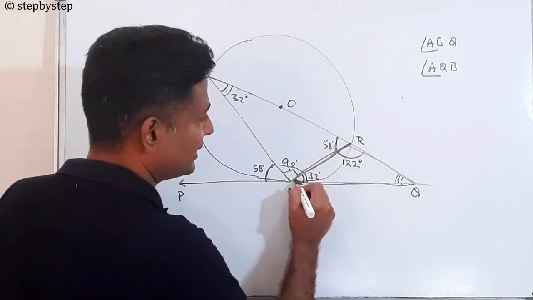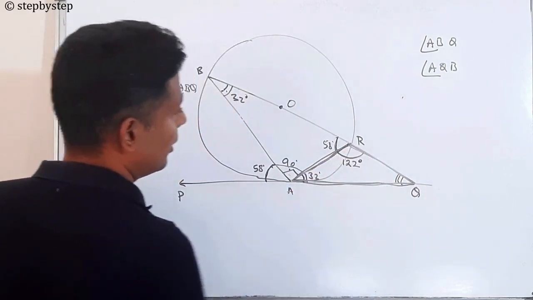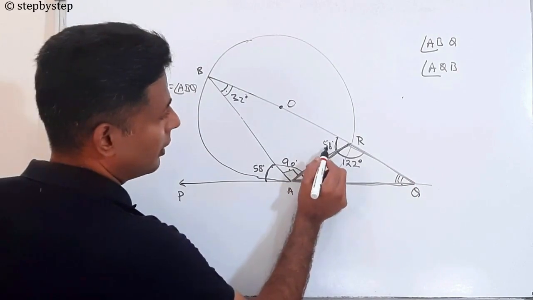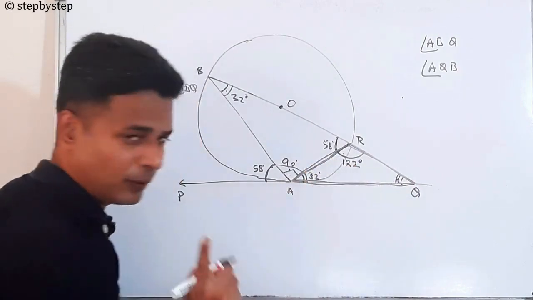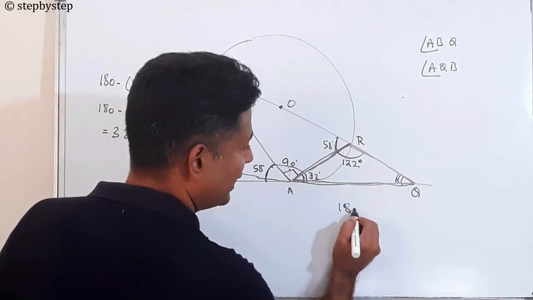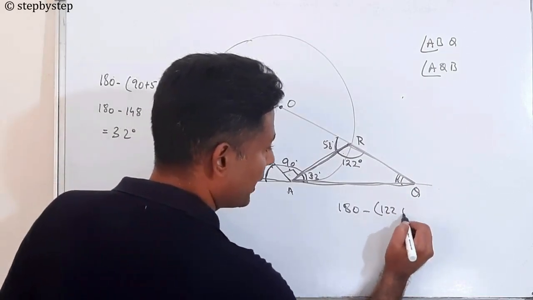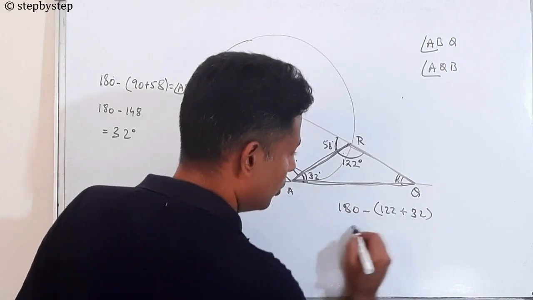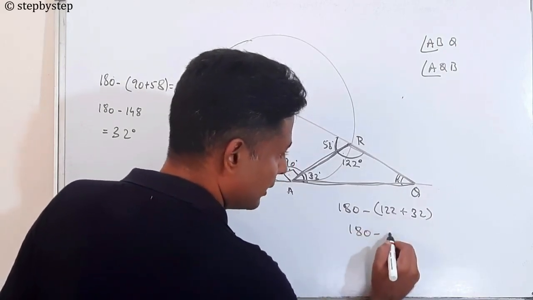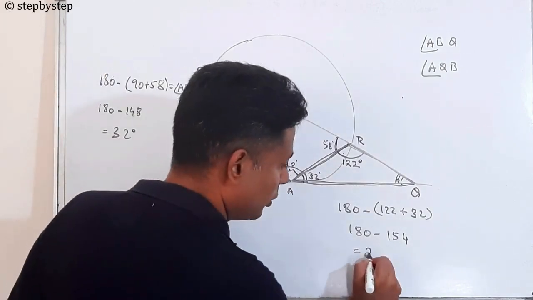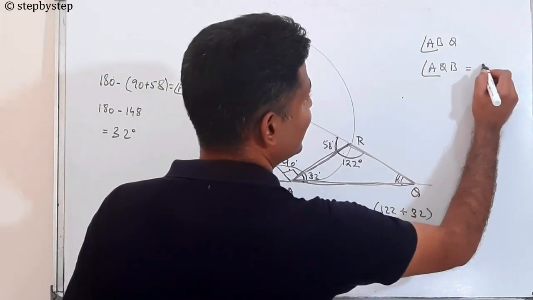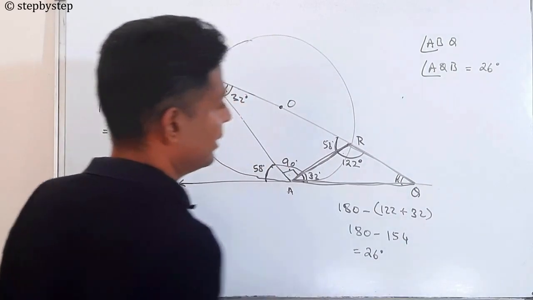Now if you see this angle, this plus this plus this, the sum of these three angles should be 180. So this angle will be 180 minus 122 plus 32. So we get 180 minus 154, right? So that is equal to 26 degrees.